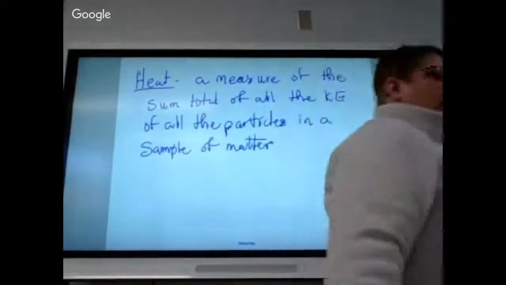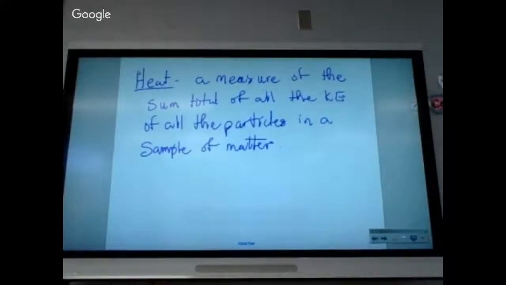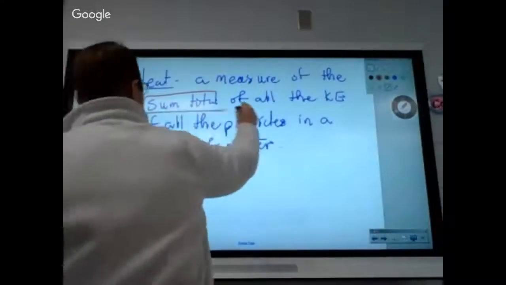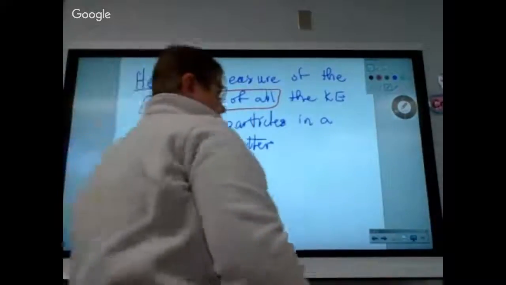It's a measure of the sum total of all the kinetic energy of all the particles in a sample of matter. So what am I trying to emphasize here? All the particles, okay? So I am trying to emphasize sum total of all.